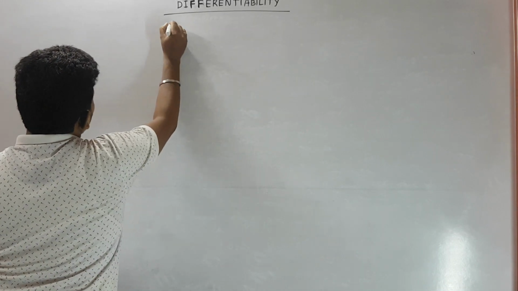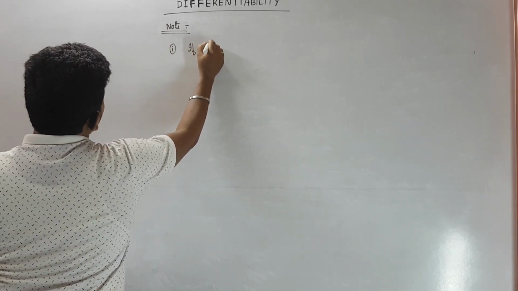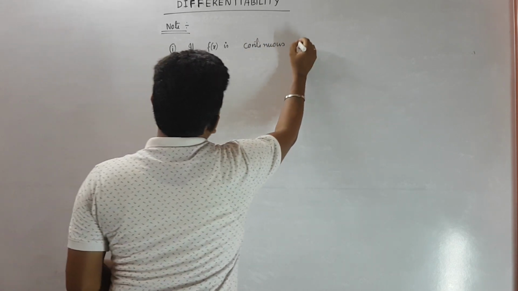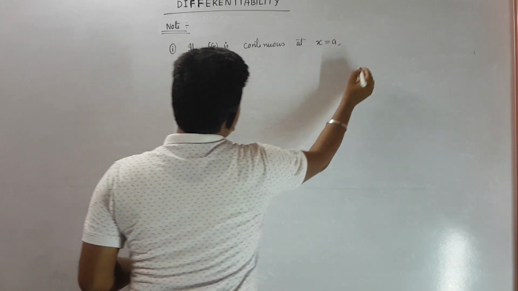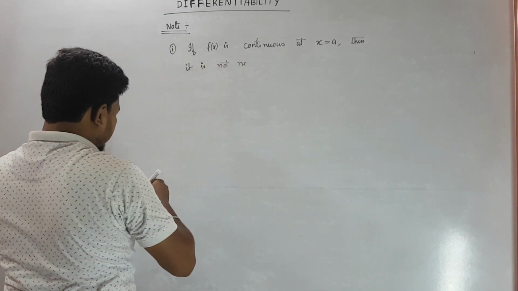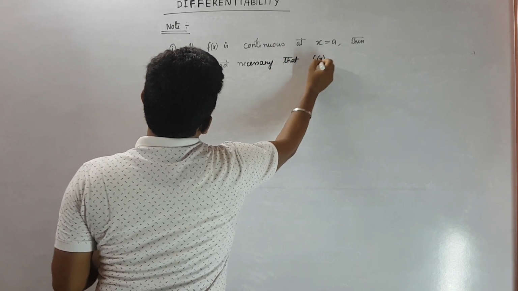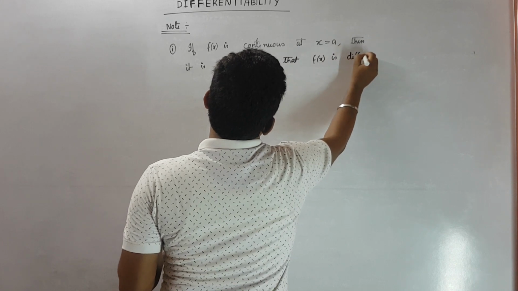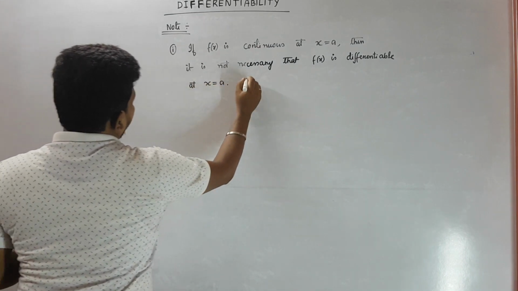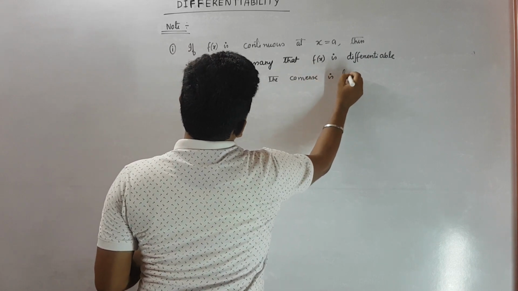Note 1. If f(x) is continuous at x equal to a, then it is not necessary that f(x) is differentiable at x equal to a, but the converse is true.